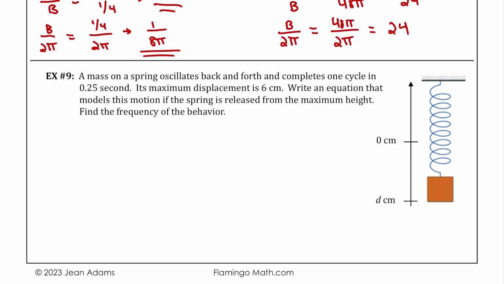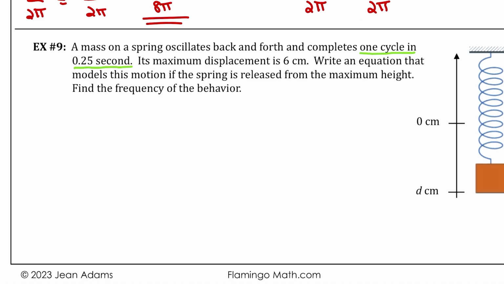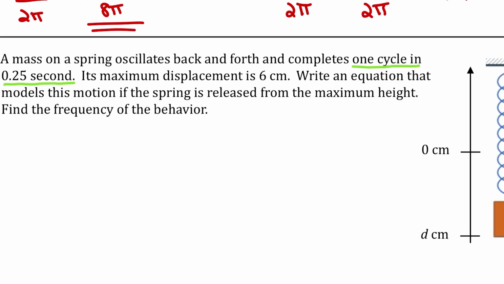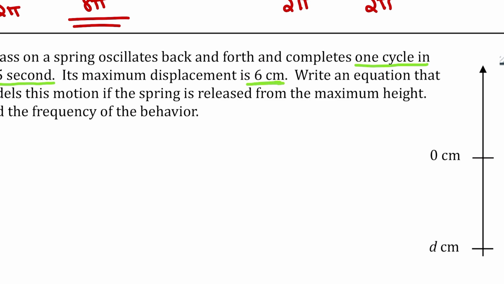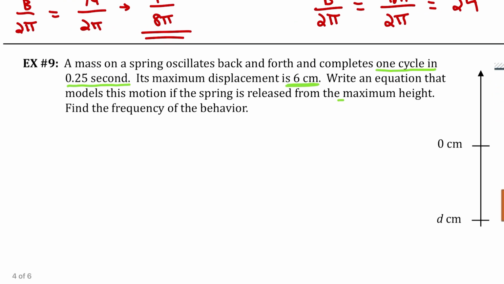So we are being asked for quite a couple things here. We need to figure out what it's given us. It says it completes one cycle in 0.25 seconds. And then maximum displacement is 6 centimeters, and then write an equation that models this motion if the spring is released from the maximum height.